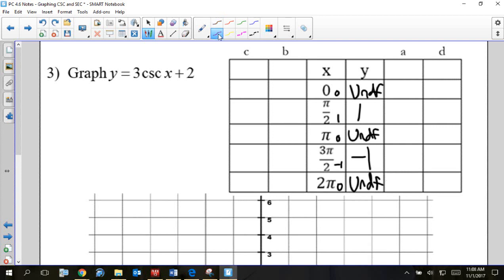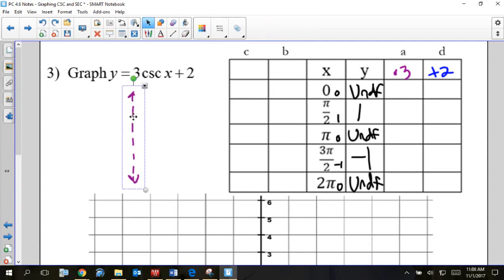So this has a vertical stretch factor of 3, so we're going to multiply our verticals by 3, and then after that we're going to add 2 vertically. So when you go to multiply, let's imagine a vertical asymptote, and I'm going to stretch it vertically.